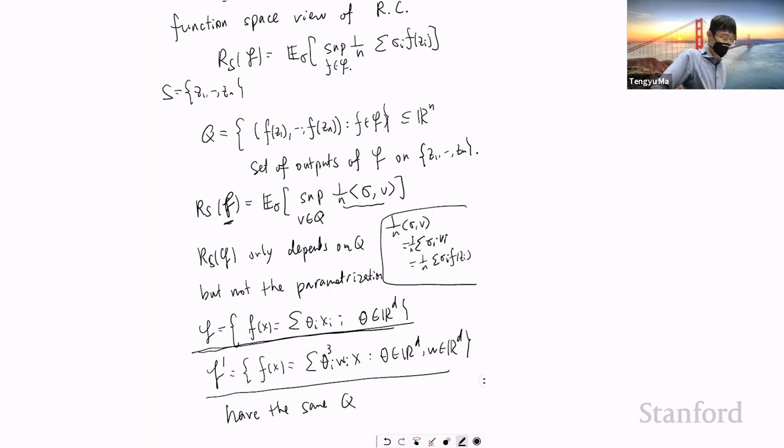So they have different parameterizations, but the same functionality, the same family of functions. They have the same Q, and that means they have the same Rademacher complexity.